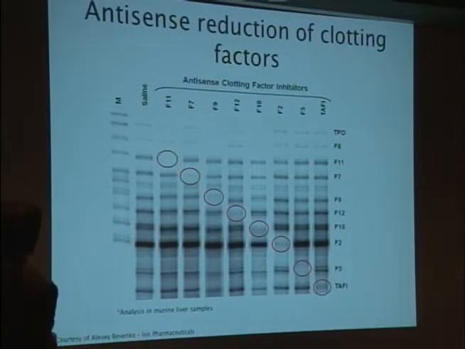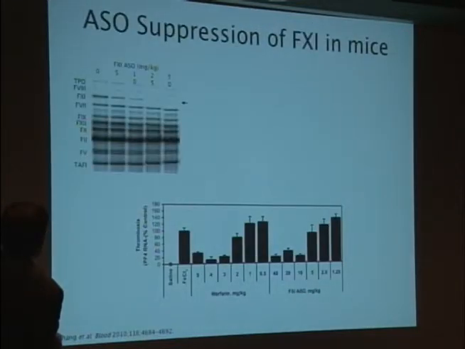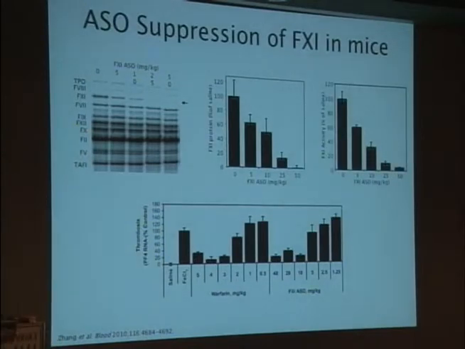This was done with factor 11 in mice, and what you can see is that as you knock down the message, there's a corresponding reduction in the amount of factor 11 antigen and activity in the plasma.